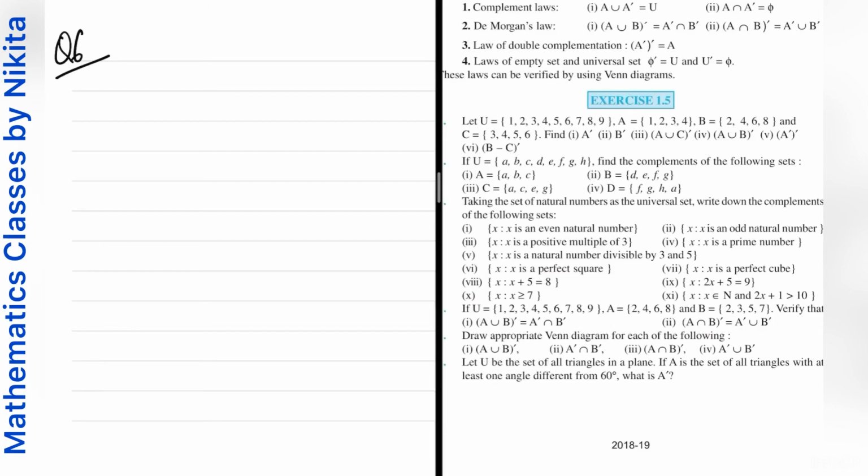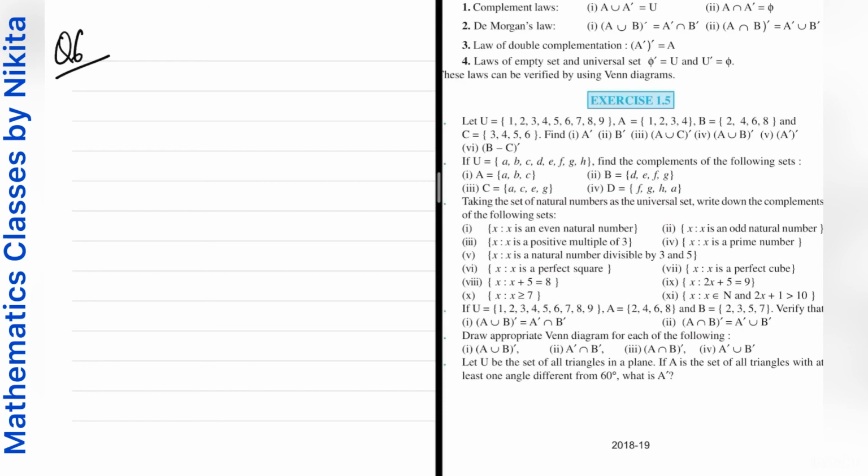सो व्हाट इज़ ए कॉम्प्लीमेंट? Just think carefully. So A complement will be the set of all those triangles whose all angles are 60 degree. मुझे complement चाहिए, so all angles. So at least one का complement क्या हो जाएगा? At least one means, so all the angles are 60 degree. Okay.